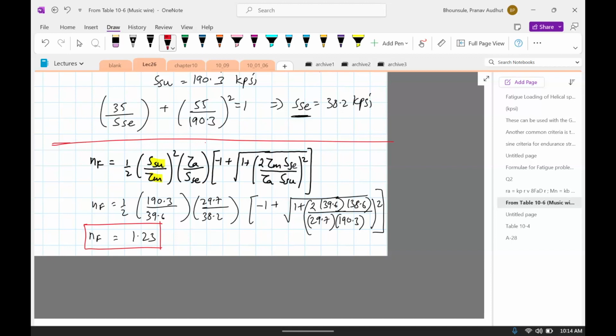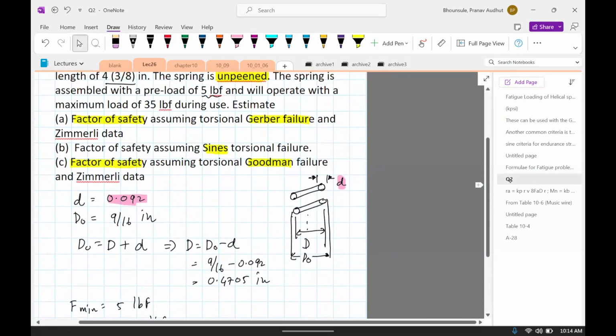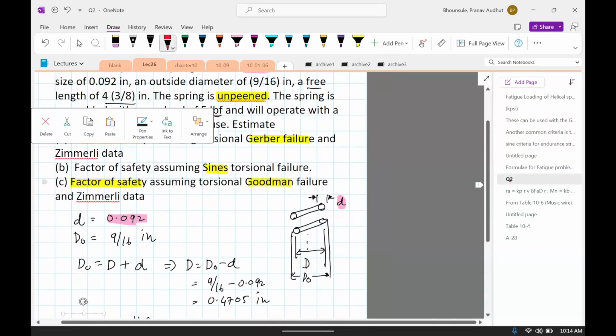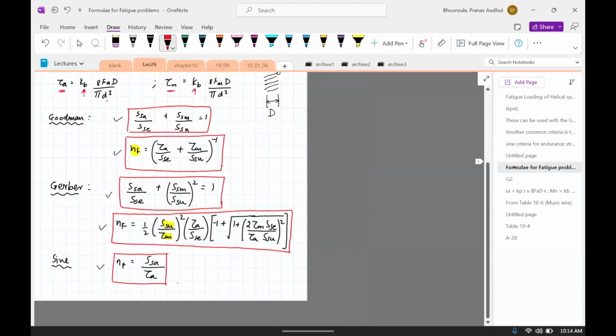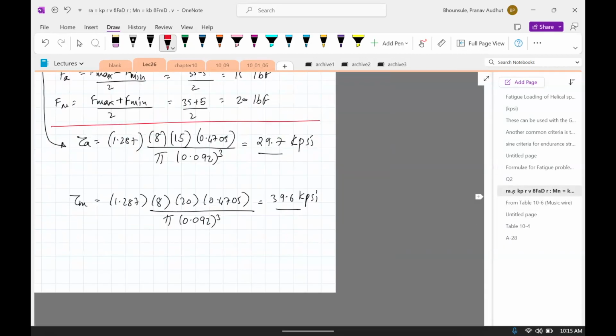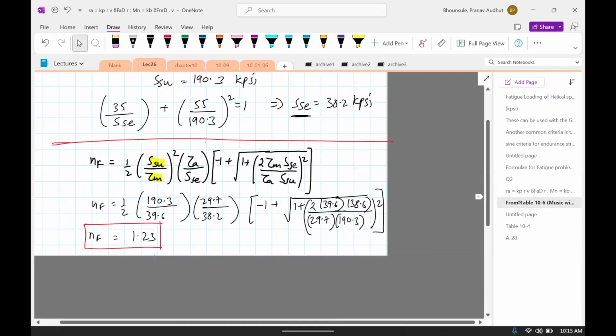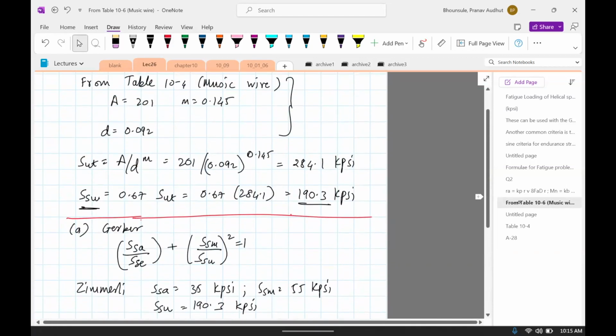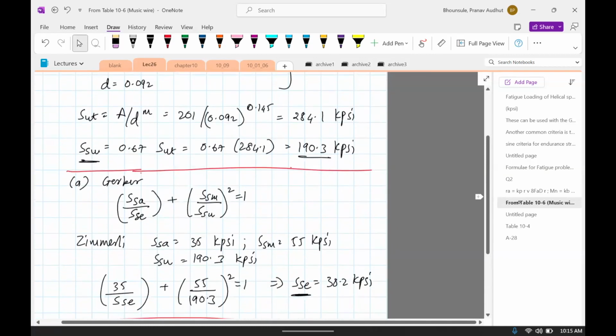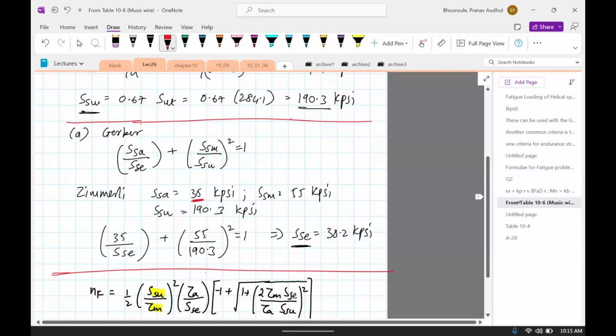Okay, 2 more parts, and we're done. Part B is we need to compute the factor of safety assuming pure torsional failure. For pure torsional failure, it's actually kind of easy. If you know SSA and if you know tau A, then you can compute NF. But we know what SSA is, right? From Zimmerli data, SSA is 35, and tau A is something we've computed.